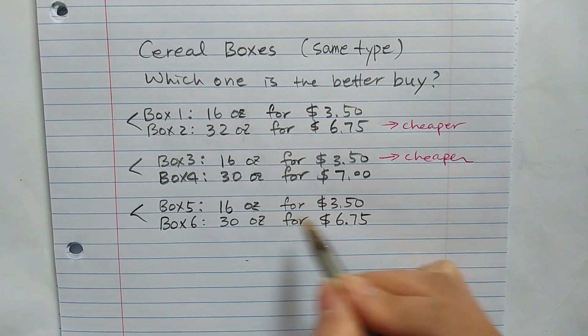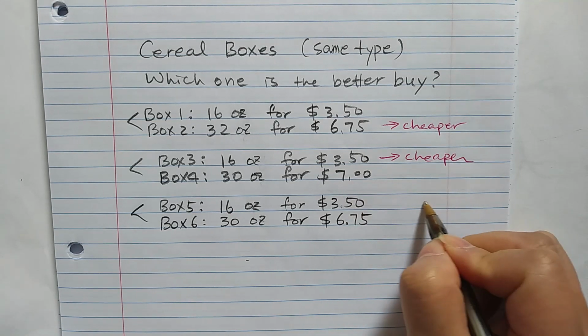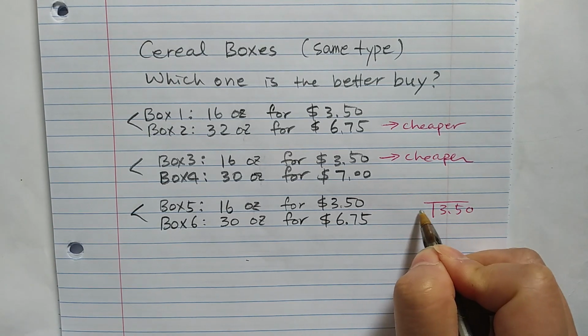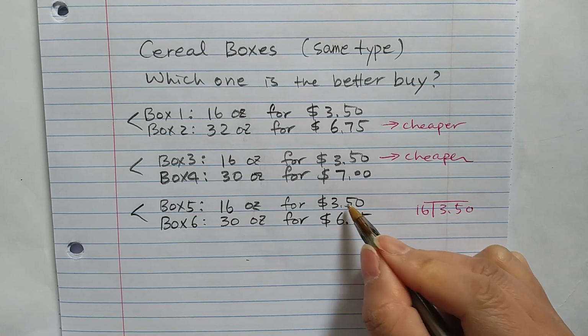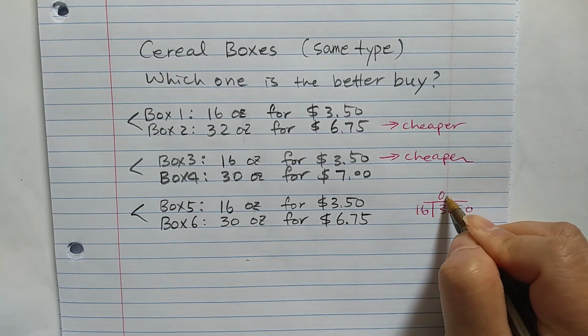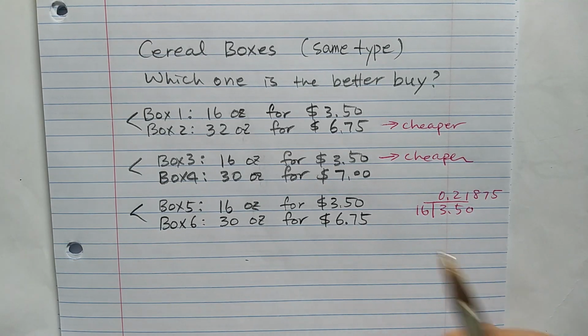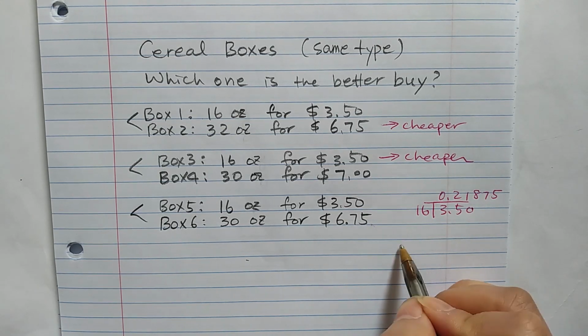So 16 ounces for $3.50. If we divide 3.50 by 16, then we'll get the price for 1 ounce for this box. That comes out to be 0.21875. And calculate the price for 1 ounce for this box.